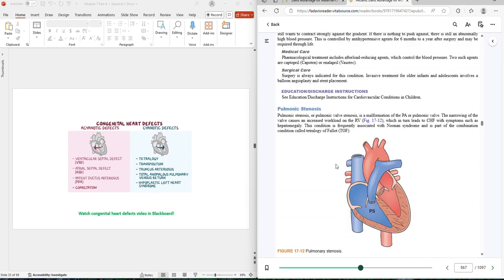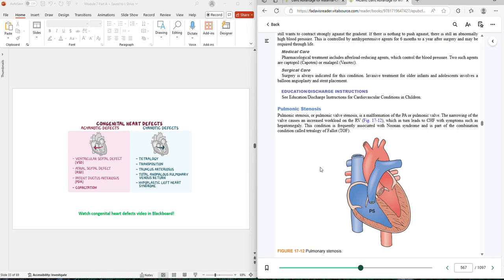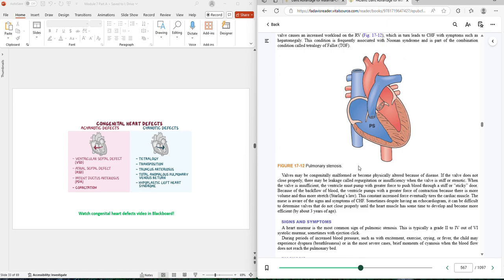Pulmonic stenosis. This is a malformation in the pulmonary artery or the pulmonary valve, okay? And this shows here. Read through this here, and then you'll see the pulmonic stenosis.